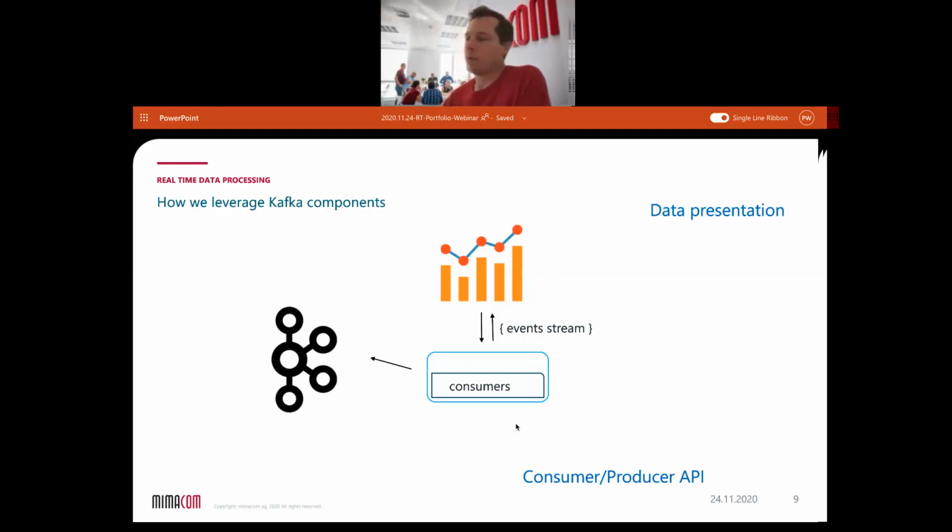And we plan on doing that with proxying. That means there will be some consumers exposed as an application which provide graphs, which provide all other things to the end user.